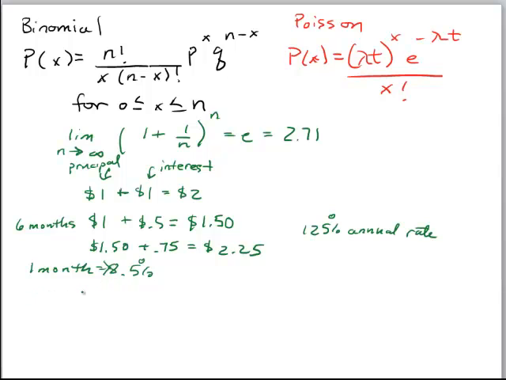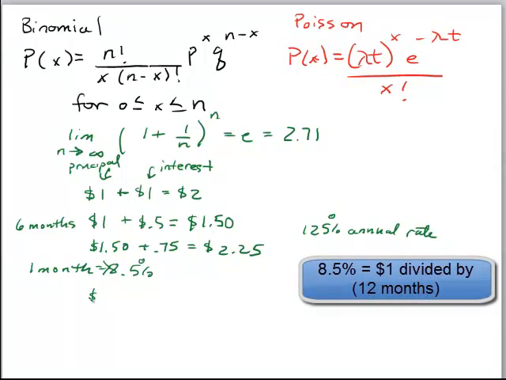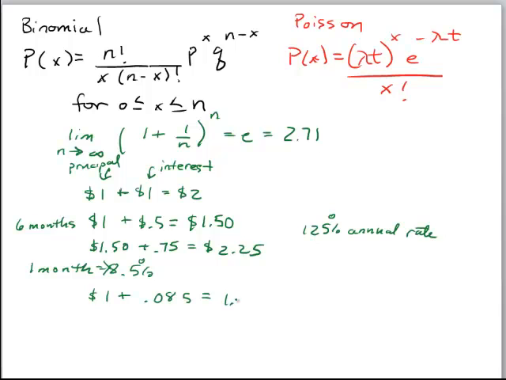So then we could say our original principal would be 1 plus 0.085. So it's 1.085. And in another month, I would have something like 1.085 squared, right? That's the second month. And then in a third month, it'd be 1.085 to the third.